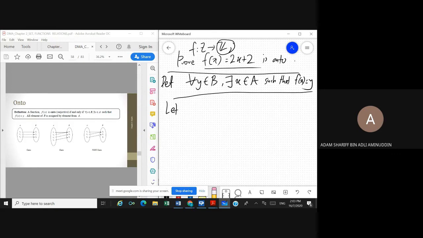So I will let 2x + 2 = y because I assume y exists, right? And because I said that y, the codomain, is from the integers, this y must be an integer.